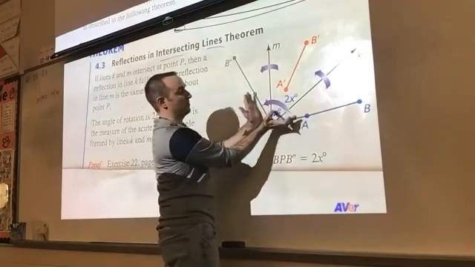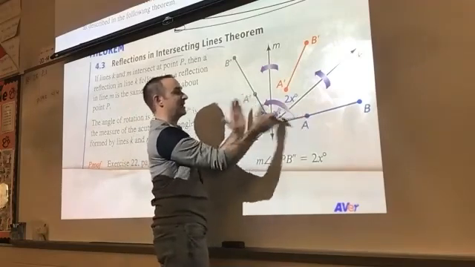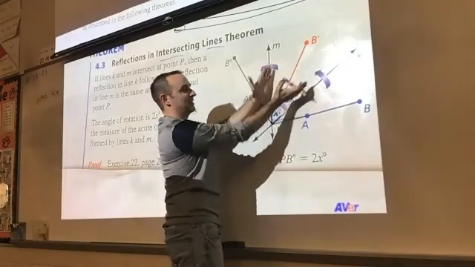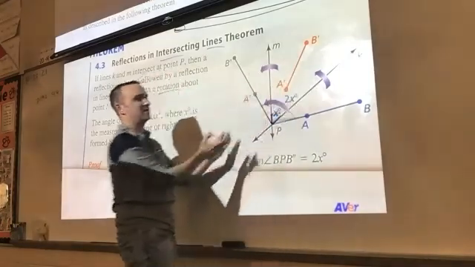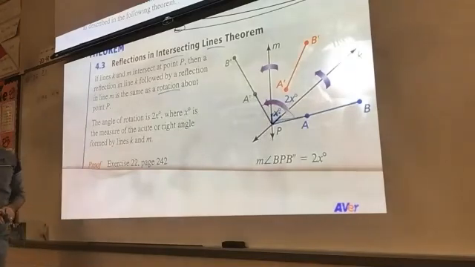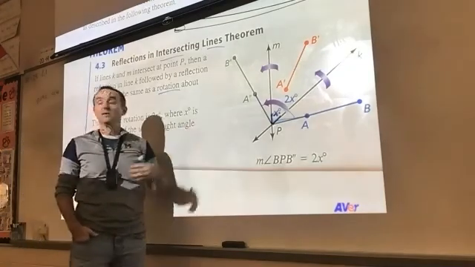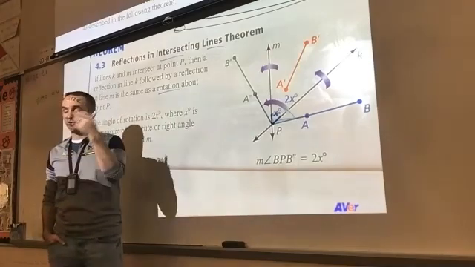Whatever this big angle connecting A and A double prime is, if I cut that in half, that's going to give me the angle of my lines of reflection. So it's the same type of problem they're going to ask. Either we double the number given or we take the number given and cut it in half. It's just a matter of which one they're asking for. That's just going to take maybe sketching it out, maybe just concentrating on it visually.